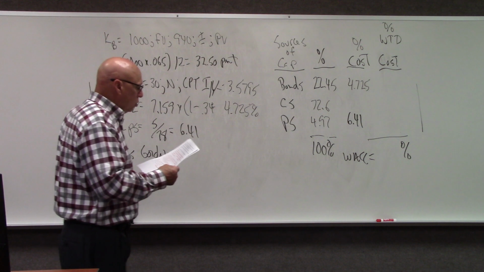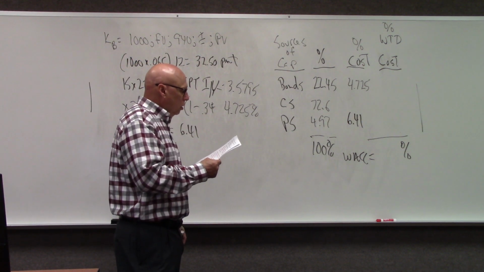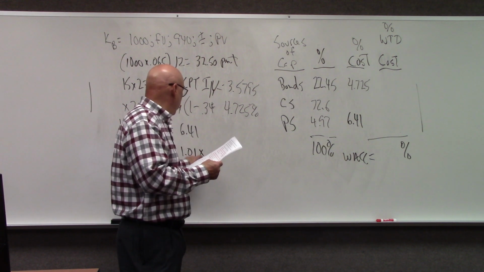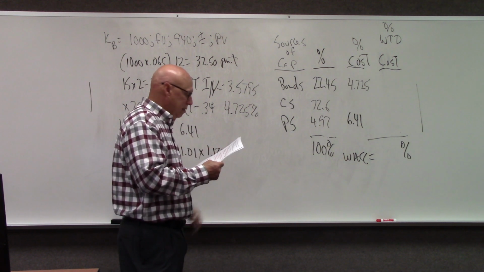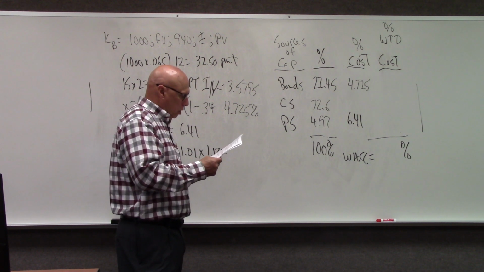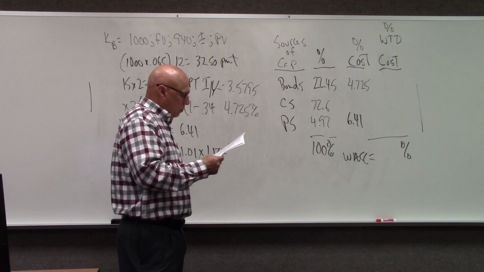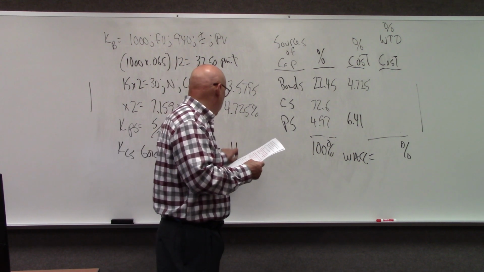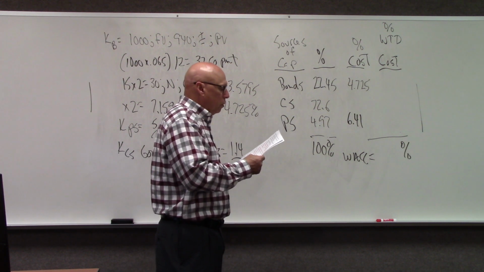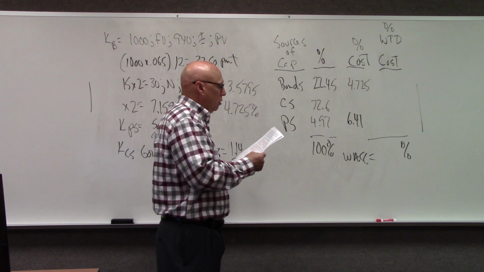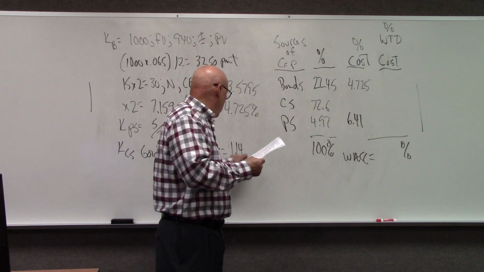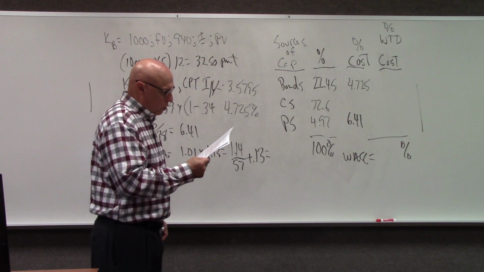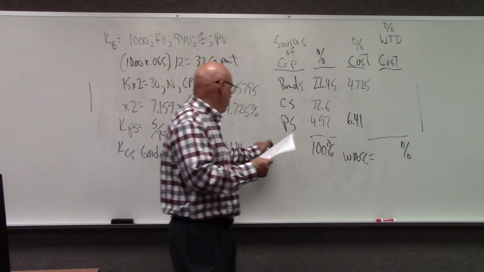Okay, so last dividend $1.01, so 1.01 times the growth rate of dividends, 1.13, and that gives us a D1 of 1.14 divided by the market price of 57 plus 0.13 is 15%.